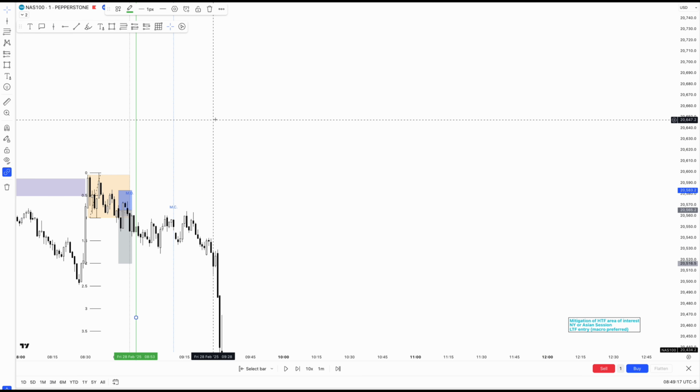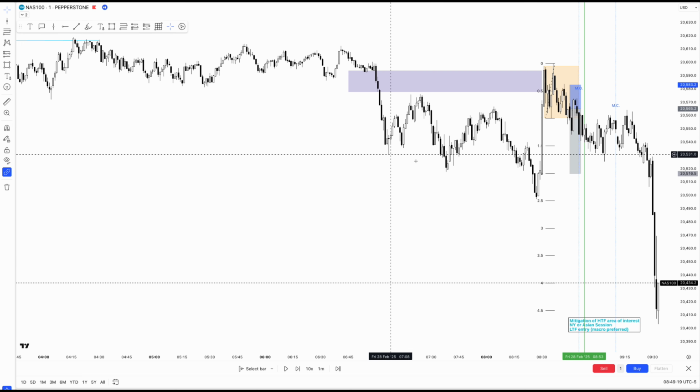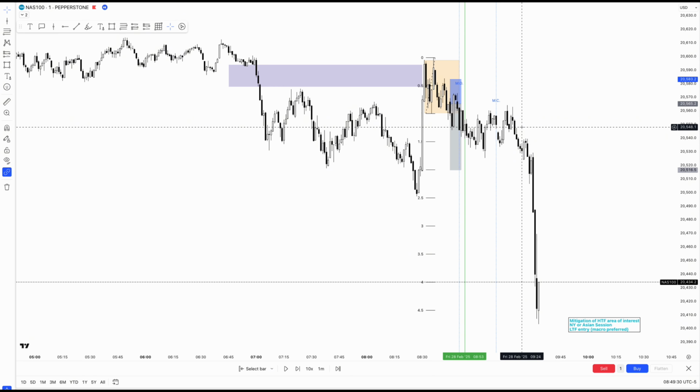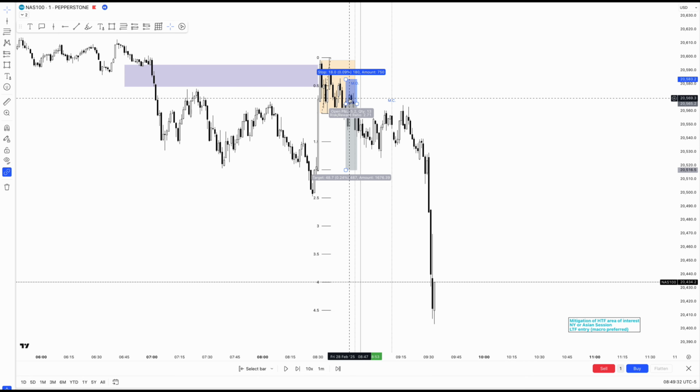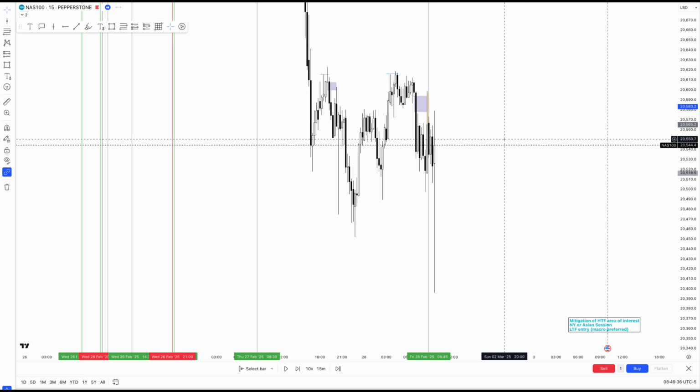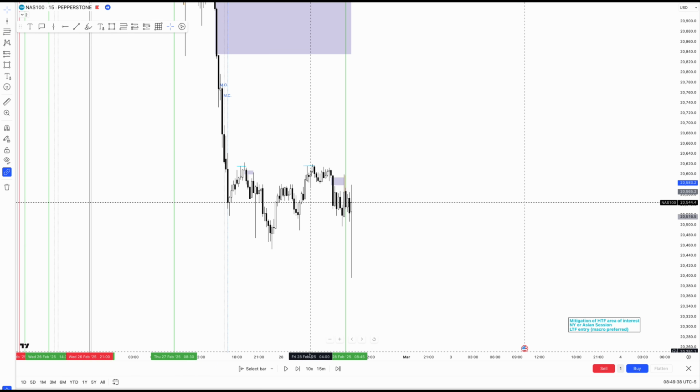So I guess it's just valid to take those. Maybe had a continuation here potentially. I would have liked to go for the higher imbalance, but I'll just mark up one win for this one because I would have taken this one. I don't like taking too many continuations, but yeah, it would have been a valid win there.